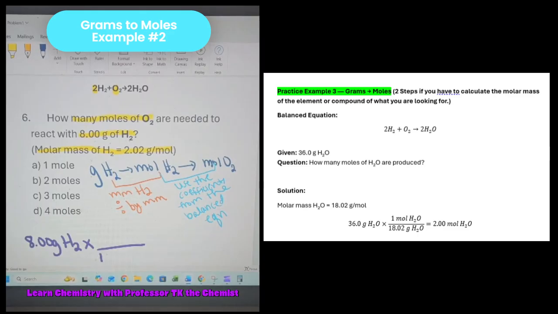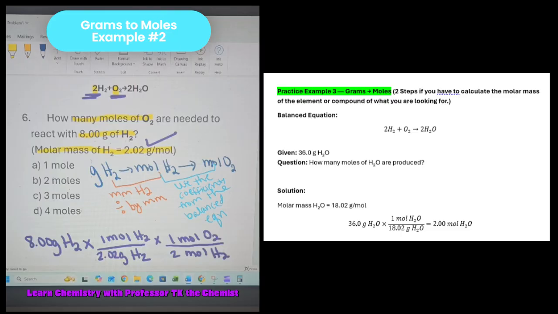That means you got to put that 2.02 grams of hydrogen on the bottom, this number right here, and on the top, the 1 mole of that. And then times, and this step right here, use that 2 and that 1. 2 moles of hydrogen on the bottom, 1 mole of oxygen on the top.